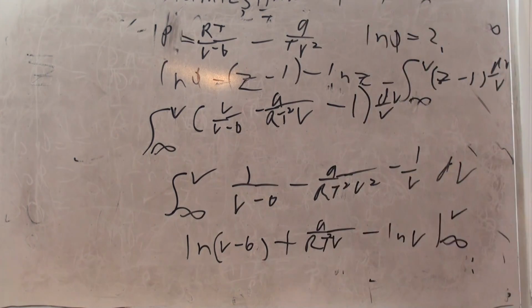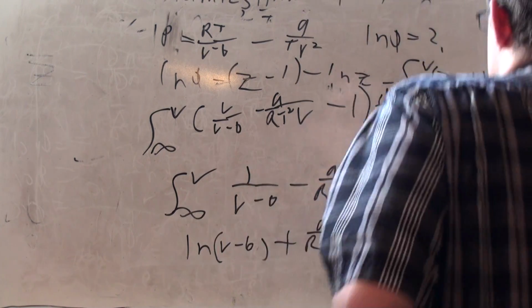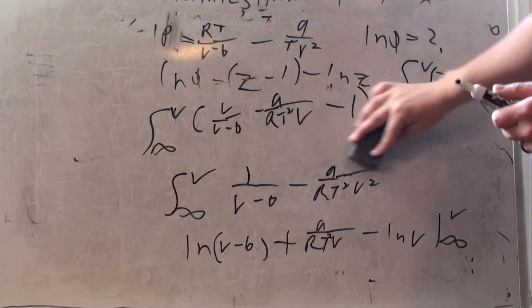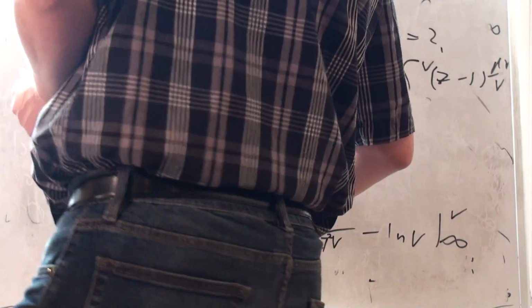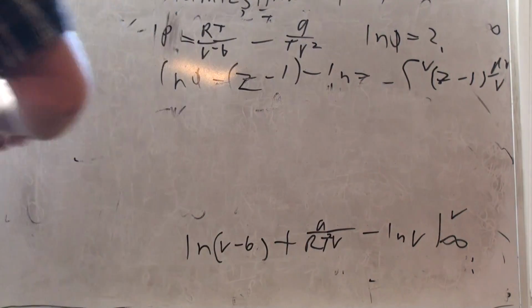Of course I need to plug things in to see what happens, before I do any messy nonsense. We'll keep that, because I might combine it with that natural log z when I'm all said and done. Let's just do this integral really quick.